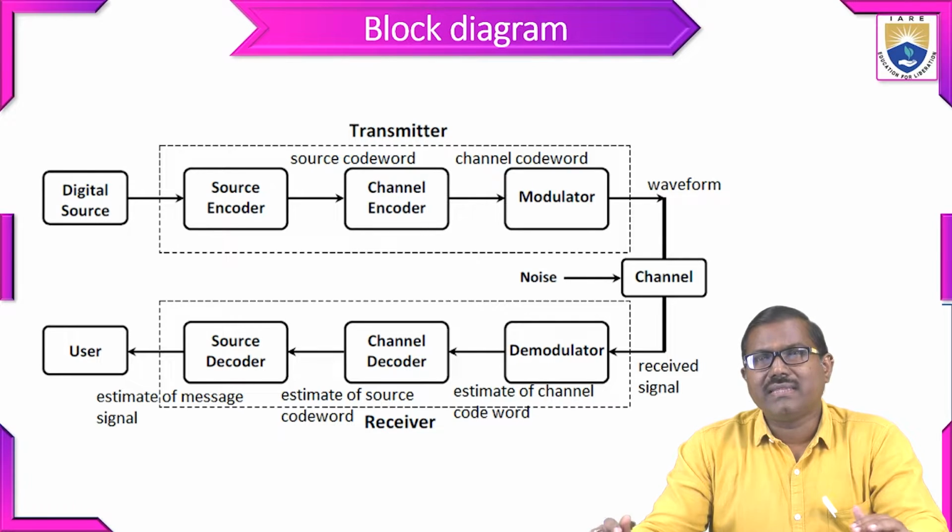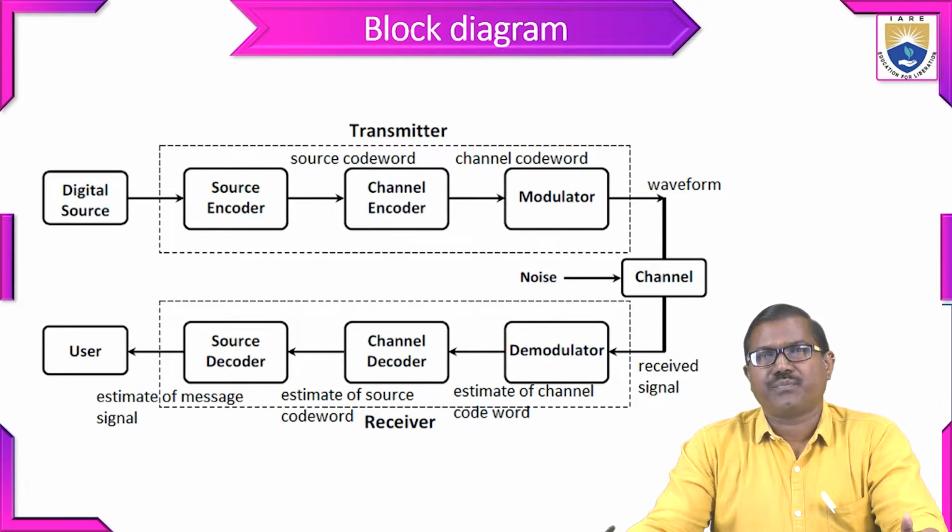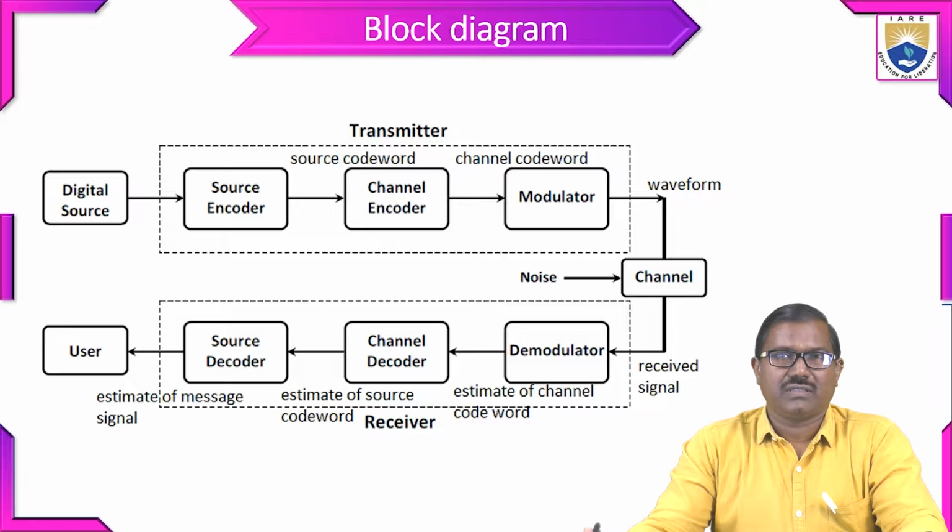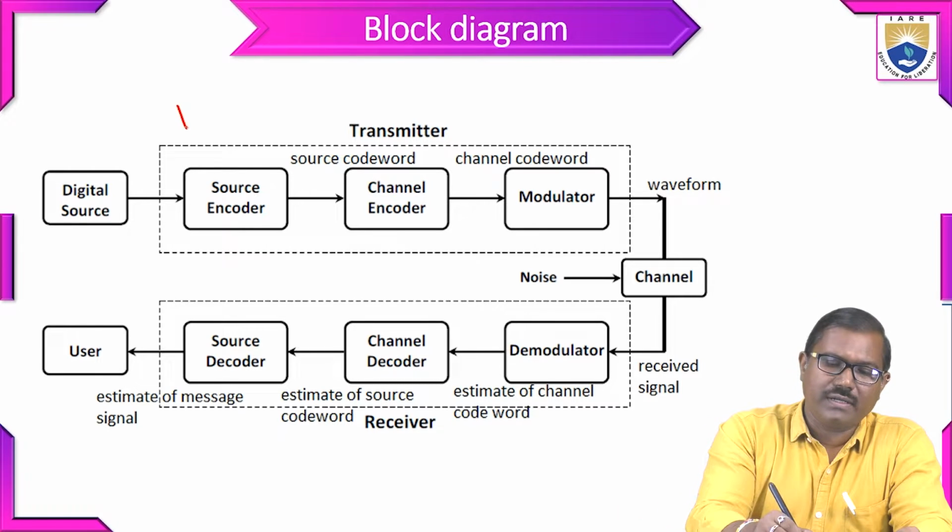In the digital communication system, the algorithms used for the source encoder are Huffman and Shannon-Fano.